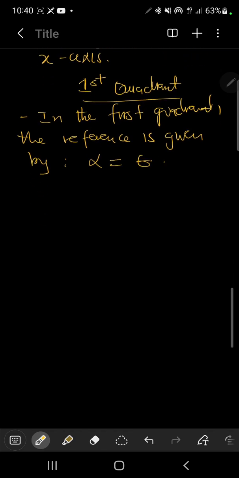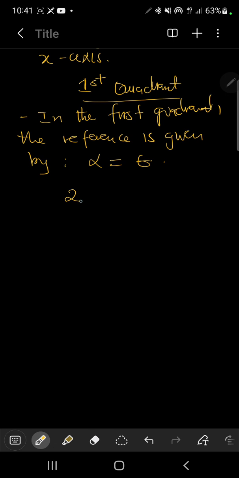Theta. That's the first quadrant, because the first quadrant is between 0 and 90. So whatever you have in the first quadrant is less than 90 and greater than what? 0. So you just take whatever angle you have in the first quadrant, and that becomes your reference angle.